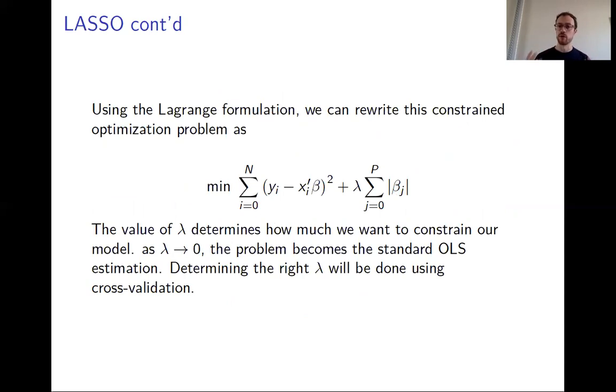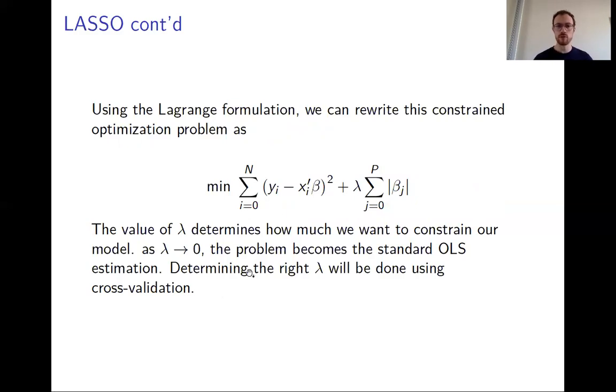So if lambda is very large, this means that our estimates need to be very small. So we will restrict the number of covariates that are acceptable by a lot. However, if lambda is 0, then this is simply OLS, and we have an unconstrained optimization, and we can just get the same coefficients that ordinary least squares would give us.